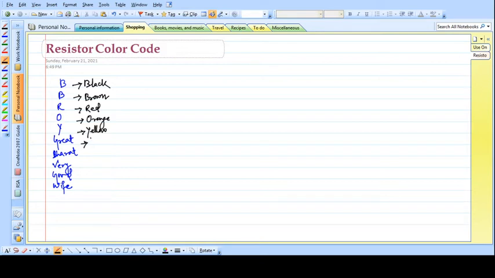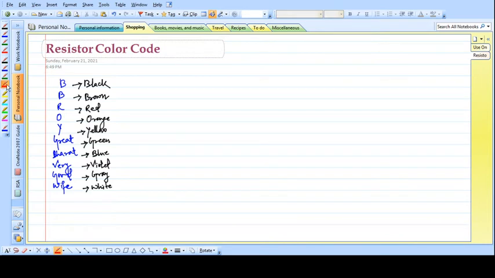Okay, now next one is your green, then blue, then violet, then gray, and finally white. So this thing you have to remember. BB Roy Great Bharat very good wife. B for black, brown, red, orange, yellow, green, blue, violet, grey, and white.